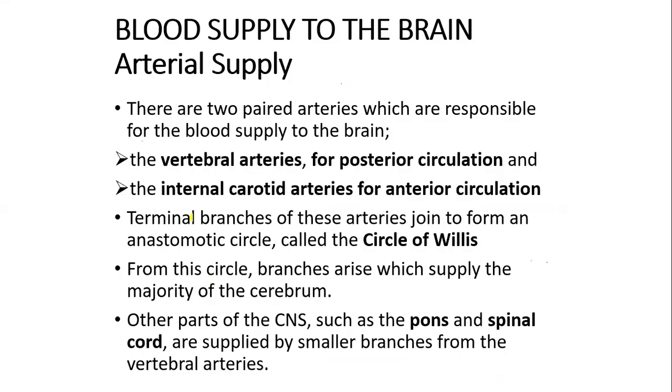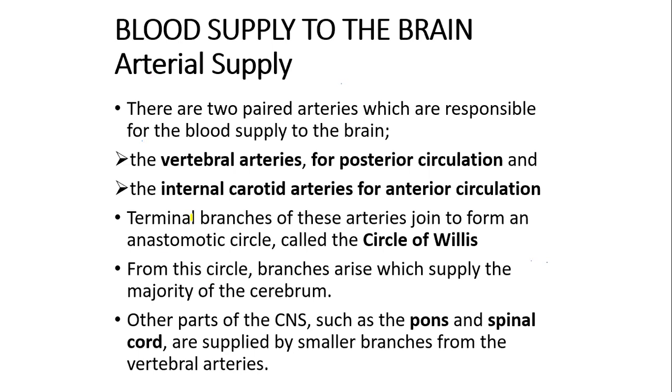Blood supply to the brain, arterial supply. The brain is also an organ which needs to be supplied with blood. There are arteries which supply blood to the brain, and veins which take blood away from the brain.